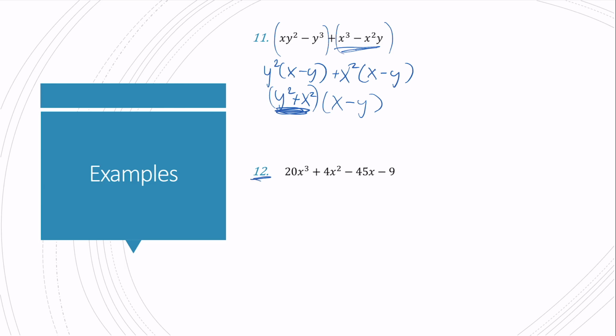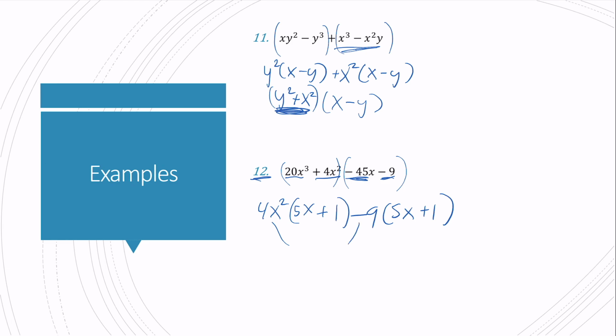Example 20, we factor by grouping. The greatest common factor of 20x cubed and 4x squared is going to be 4x squared times 5x minus 1. The greatest common factor of negative 45x and negative 9 is a negative 9, 5x plus 1.